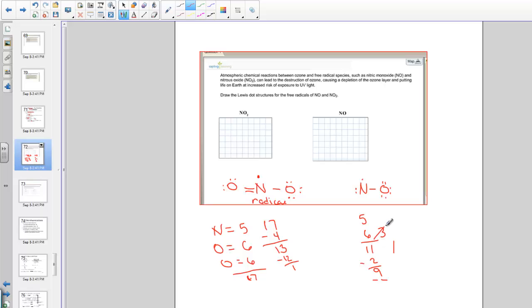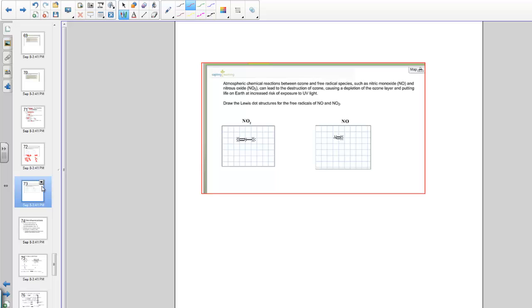I have no electrons left, but what I'll end up doing here is making some bonds to get nitrogen the number of electrons at least as close to 8 as I can. 2, 4, 5, 6, 7. There is the electron dot structure for NO. A radical, because I have an odd number of electrons, a very unstable, highly reactive situation. And there's the answer. I just drew that with you.